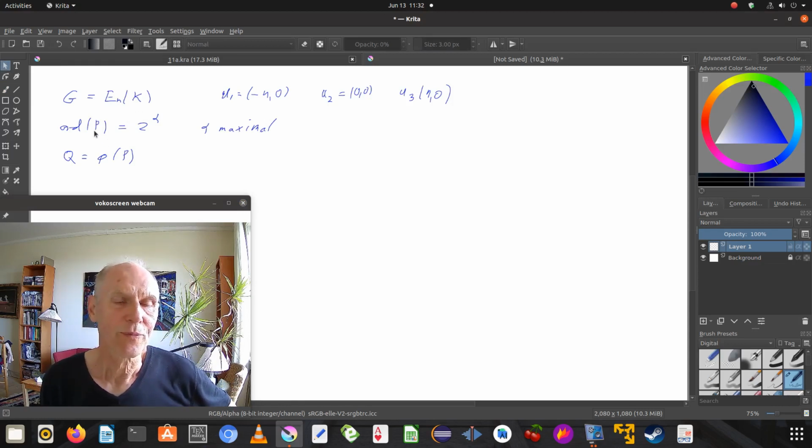We have a chain starting with P, which is the point of maximal order, and then I claim that the other one should be made of points starting with Q. The group I call G, the additive group of the elliptic curve, and then we have the points of order 2.